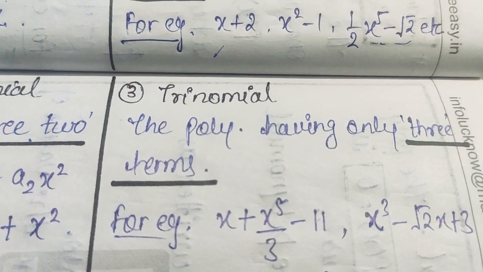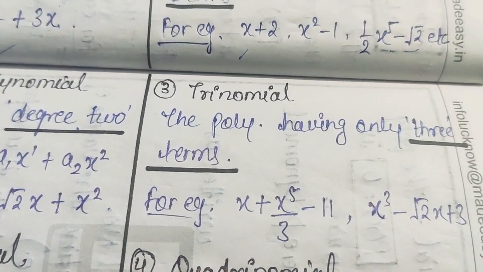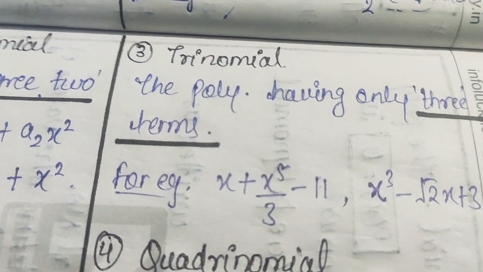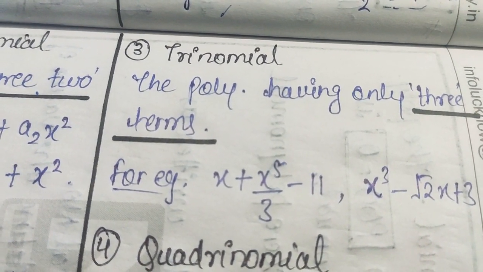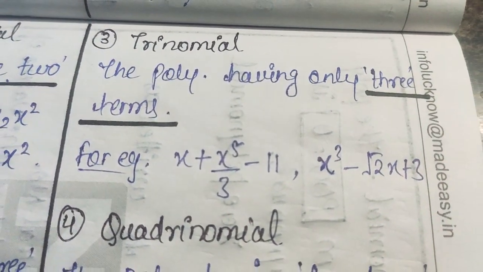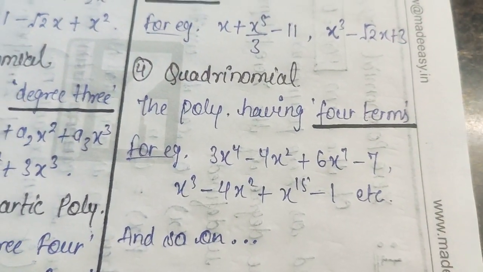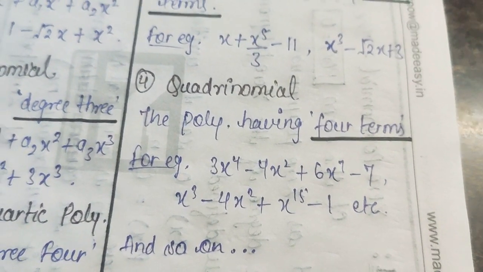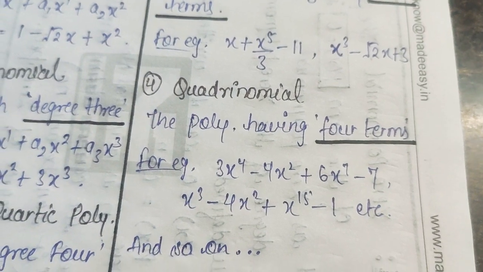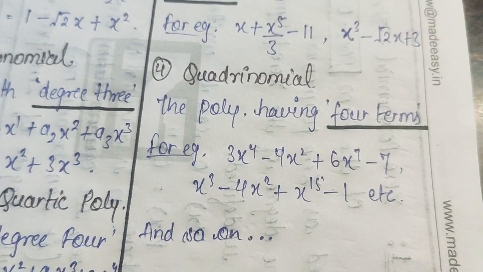A polynomial with three terms will be called a trinomial. You can see here the example is x plus x to the power 5 by 3 minus 11 and so on. Now the quadrinomial, quadri means 4. So whenever you will be having 4 terms in a polynomial, you will say it is a quadrinomial.